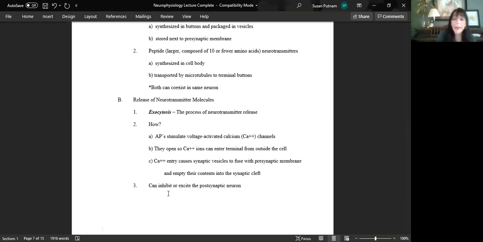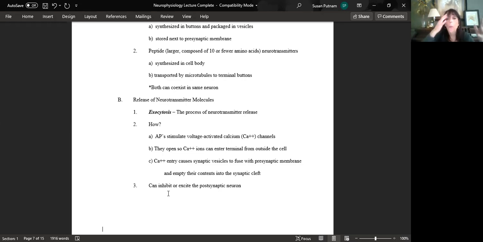Remember we have this action potential that comes down that axon non-decrementally. When it gets to the end, it will stimulate calcium channels. There are calcium channels at the end in the button and around that region of the neuron that are voltage activated. What's an action potential? Voltage.